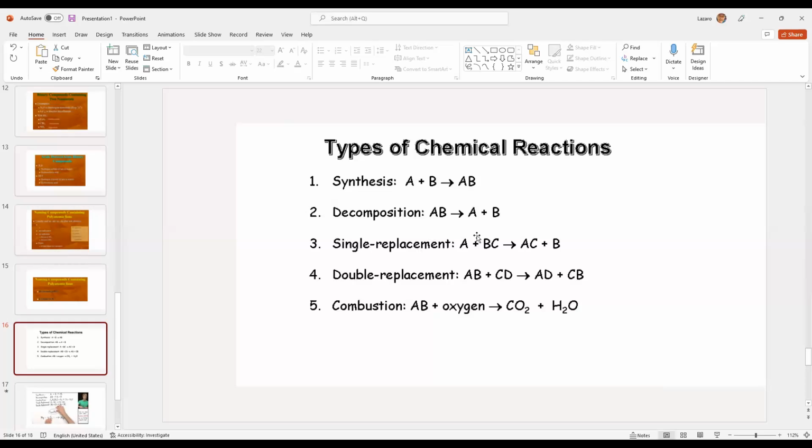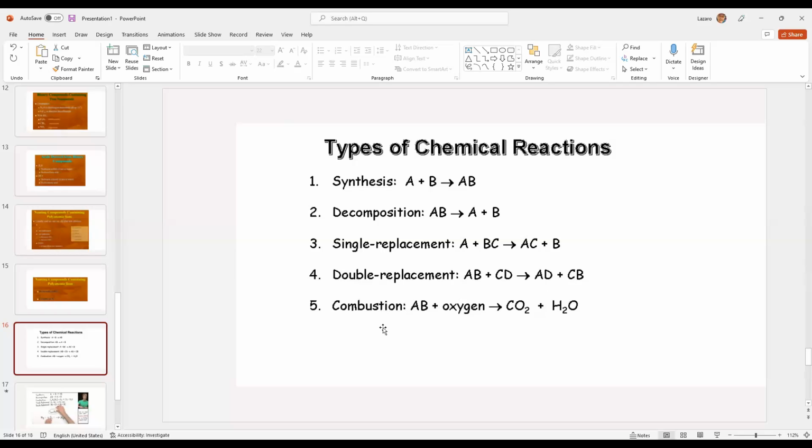Single replacement is when the element that is alone replaces one in the compound, and then the element that is replaced goes alone. In double replacement, there is an interchange. This cation goes to the place of this cation, and then this cation goes to the place of the other cation. This is a double replacement.